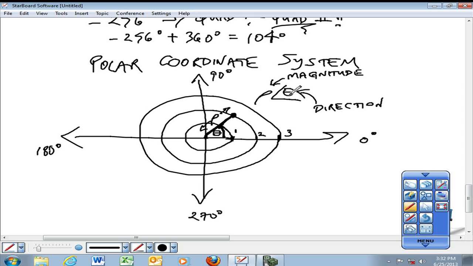For example, let's work over here. Let's say we know that if you go out this distance, we end up at 100 degrees.